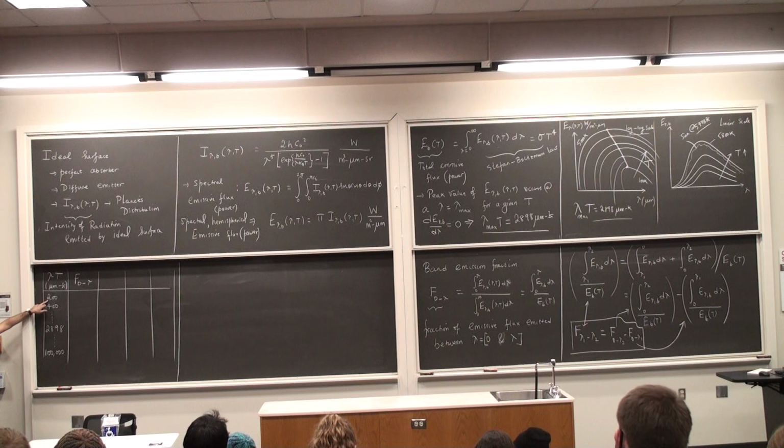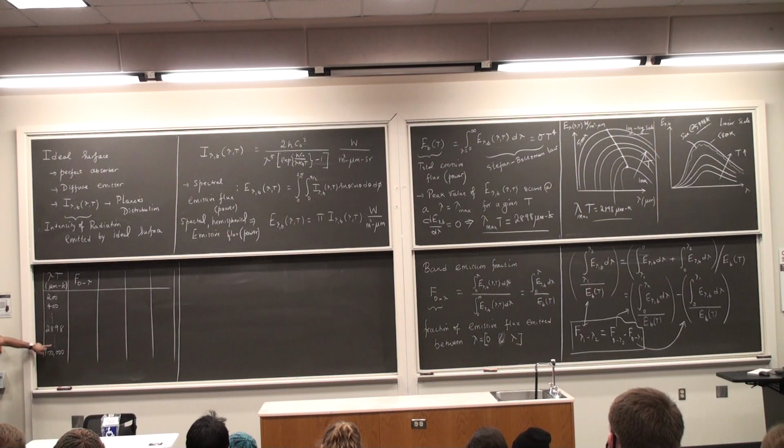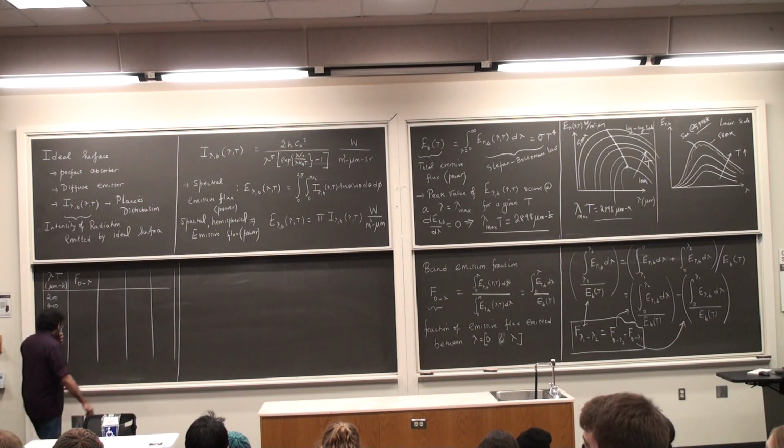Suppose I have to calculate the fraction from 0 to 3 micrometers for an ideal surface that's at 3000 Kelvin. Then 3 micrometers times 3000 is 9000. Find that number here, find the fraction there. It's as simple as that, just picking up values. This is dimensionless, as you can see. It's a ratio of two similar quantities with different limits.